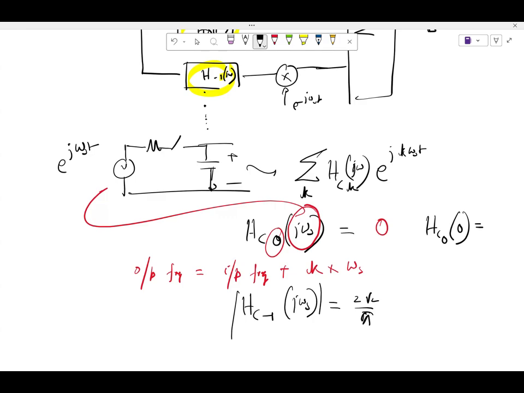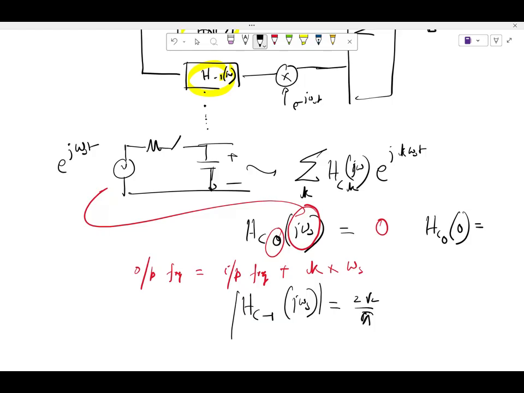Why 0? So the input is DC. Will the output be 0? If the input is a DC voltage, will the voltage across the capacitor be 0? The input is a DC of 1 volt. What will be the voltage across the capacitor? 1 volt, right?